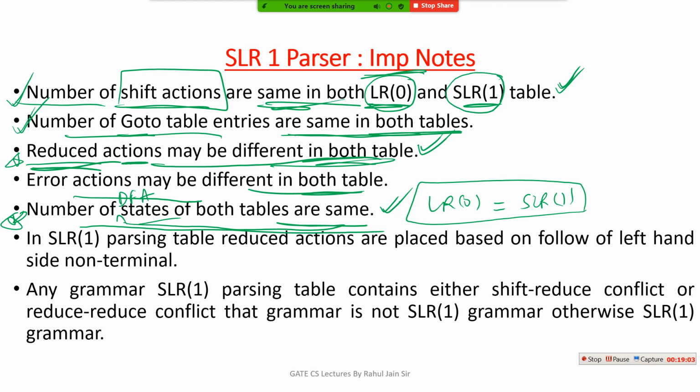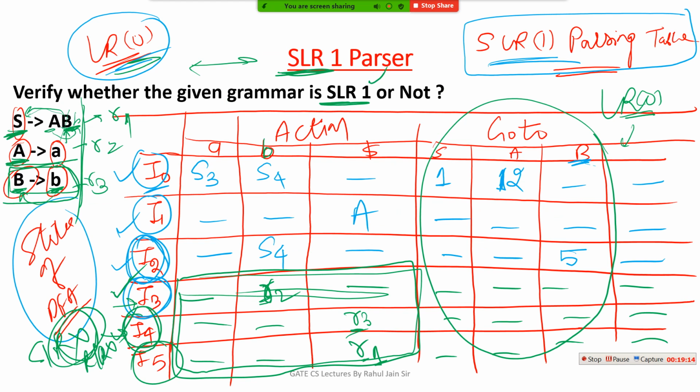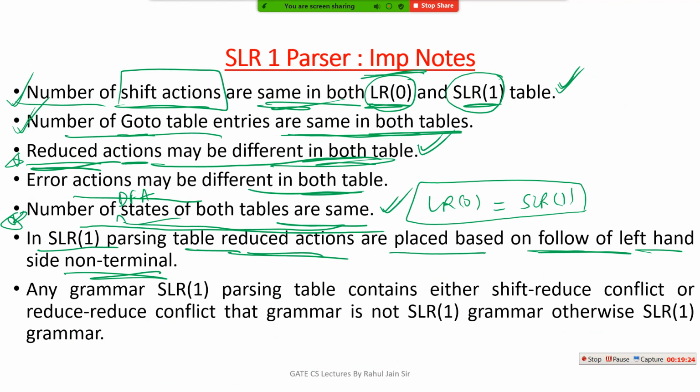Now the next one: in the SLR1 parsing table, reduce actions are placed based on the follow of the left-hand side non-terminal, right? We have reduced these equations on the basis of the follow of the left-hand side non-terminal. So this is the point: in the SLR1 parsing table, reduce actions are placed based on the follow of the left-hand side non-terminal. Important point.